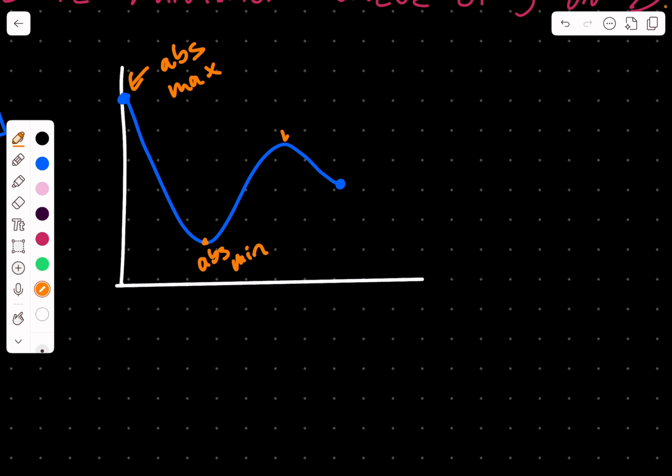And this would be called our local max. All right? So I hope that makes sense. And in regards to critical points, this and this would be your critical points. Again, we're going to talk more about that in a little bit, but I just want you to get a visualization of it. So remember, your critical points help you figure out where your max and mins are.